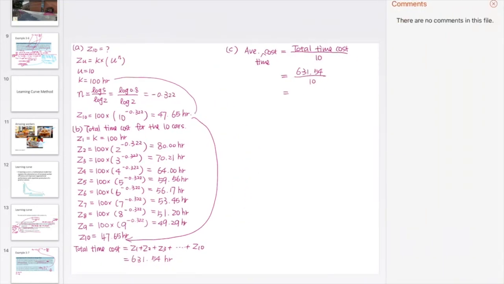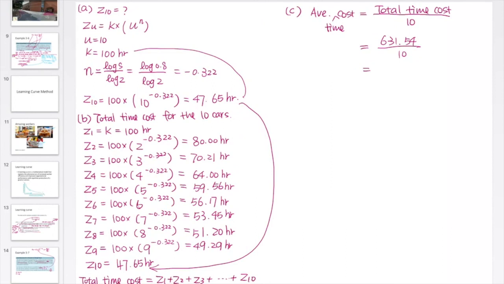So on average, the time cost to produce one car is 63.154 hours.